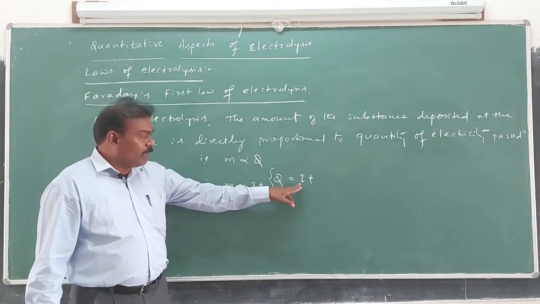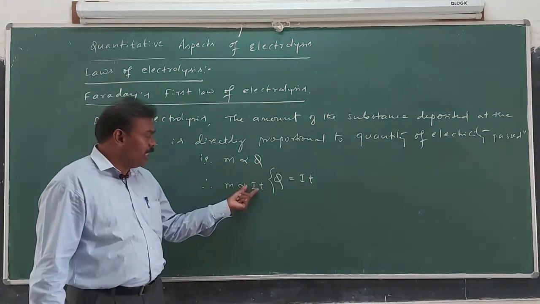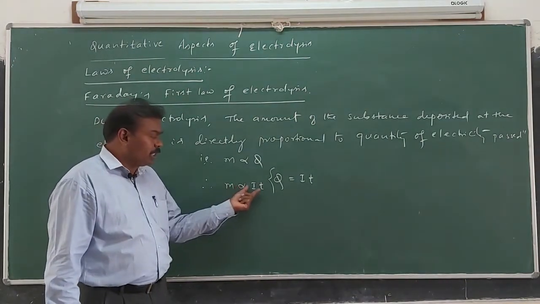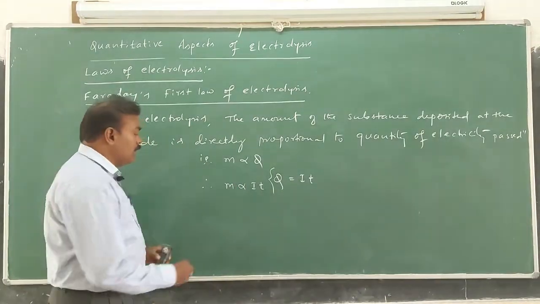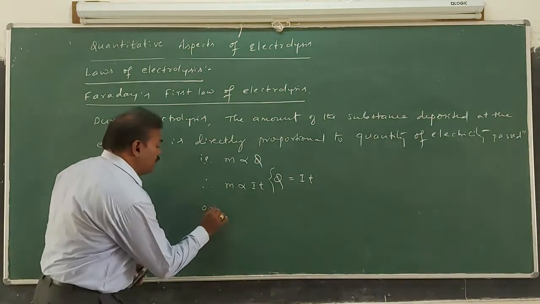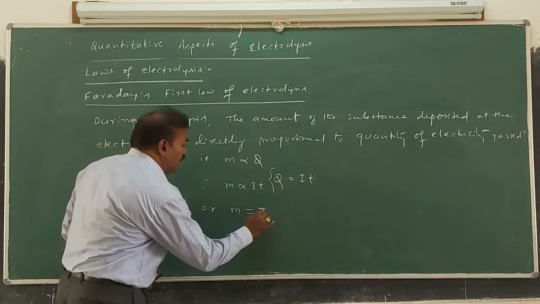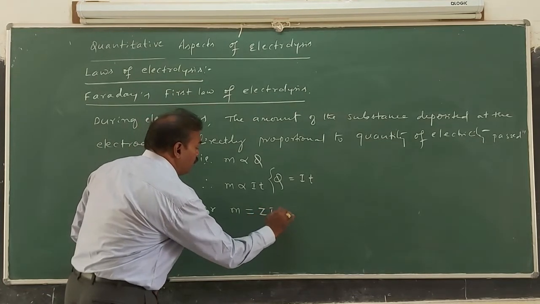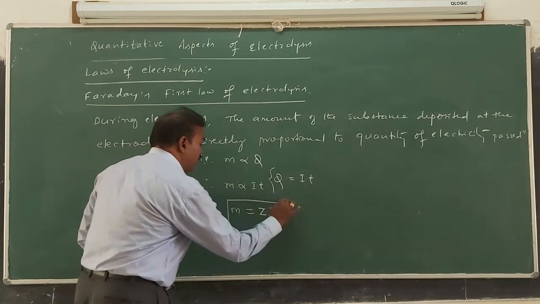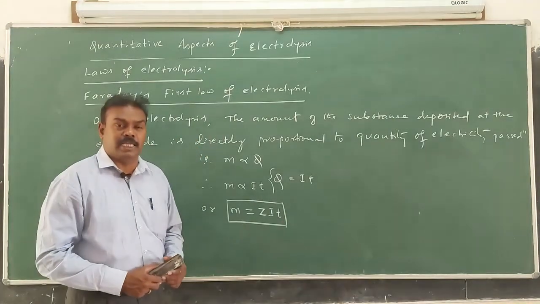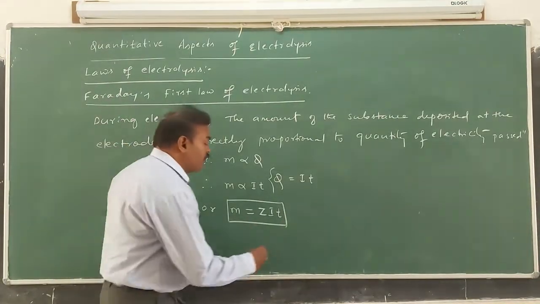Substituting the value of Q in this relation, small m is proportional to I into T. Finally, we can write it as m equals Z into I into T. This is the final form of Faraday's first law of electrolysis.